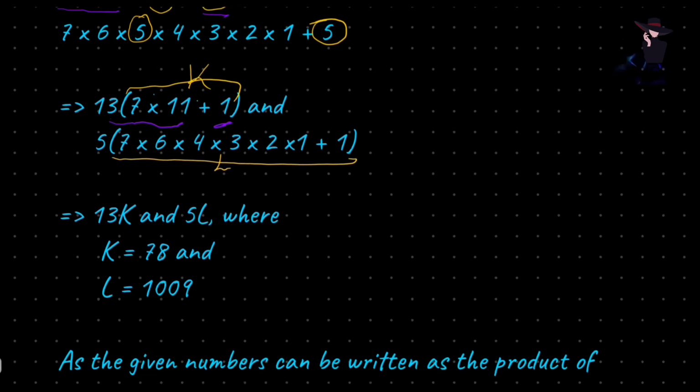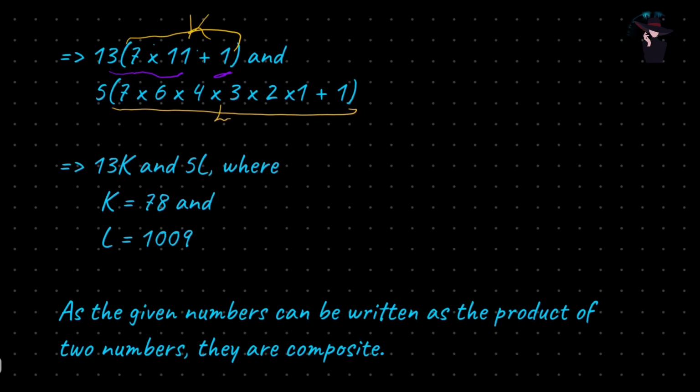So as the given numbers can be written as the product of 2 numbers, which are 13k and 5L, they are composite. As I have already said, apart from itself and 1, it should be written as the product of any 2 numbers.